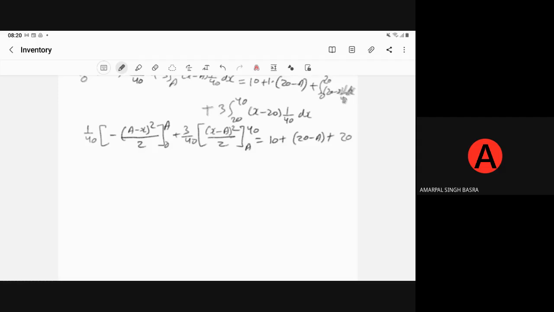So it will become 1/40 (a square by 2) plus 3/80 (40 minus a) whole square is equal to 50 minus a.